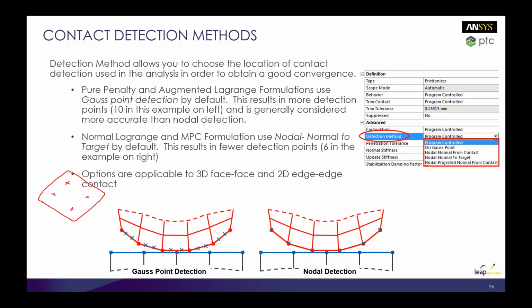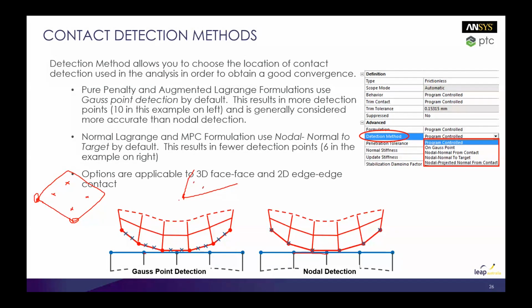With nodal detection, you directly use the nodes on the contact elements. They try to cross a target segment. That's when contact is detected. So Gauss point detection has difficulty dealing with sharp corners because your Gauss points would be somewhere in here.